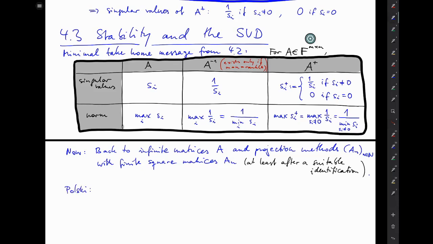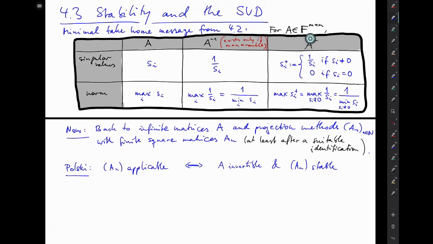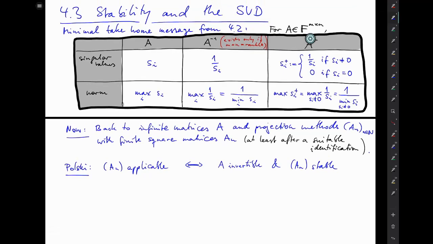So recall from Polski's theorem, our projection method A_N is applicable if and only if A is invertible and A_N is stable. We will soon learn to adapt the Polski theorem to the case of a non-invertible A and least squares problems instead of Ax equals b.